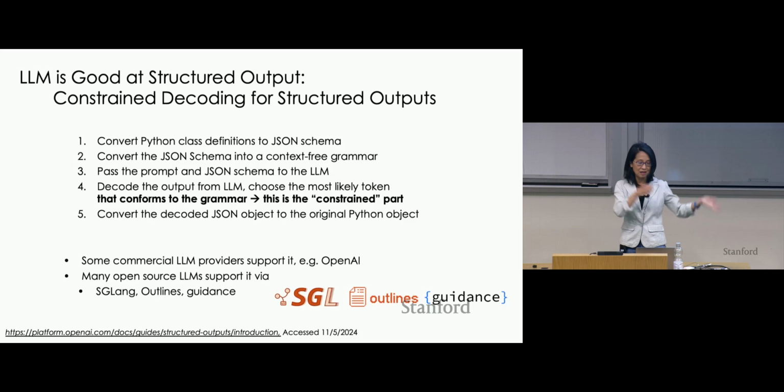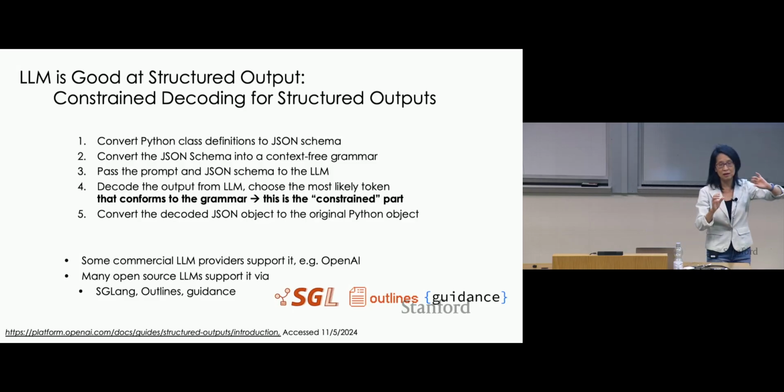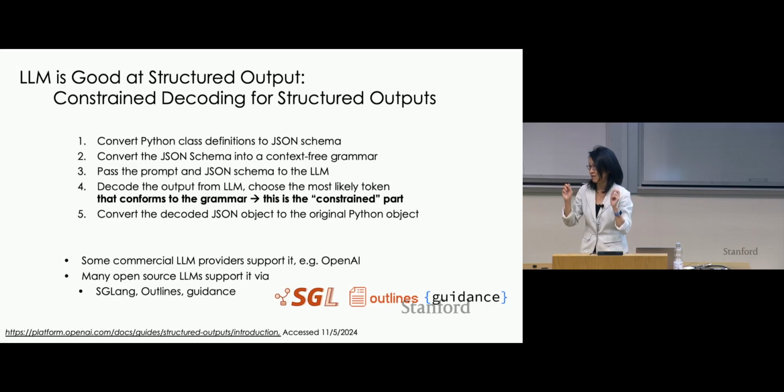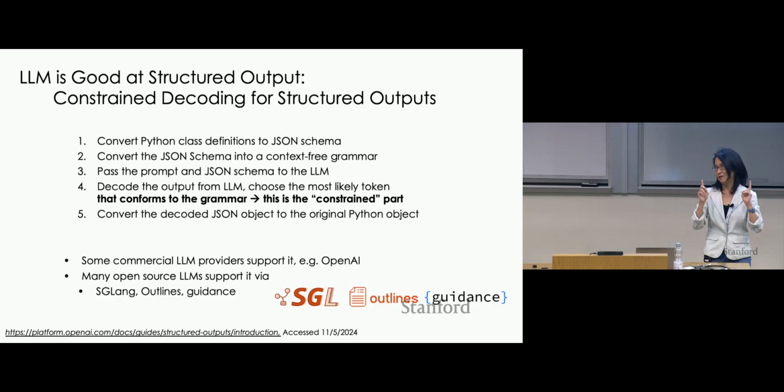As the LLM does the output, it decodes the output and chooses the most likely token that conforms to the grammar. This is the constraint part. In other words, it is not just spitting out words based on next word prediction. It actually understands that there is a grammar it has to stick with.